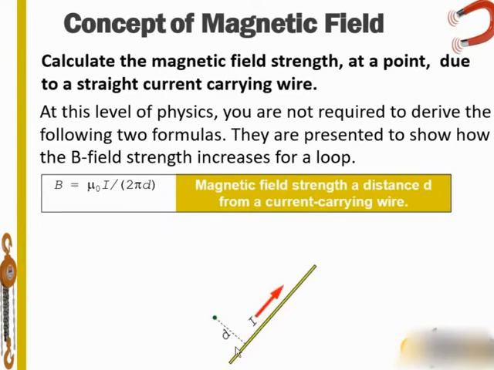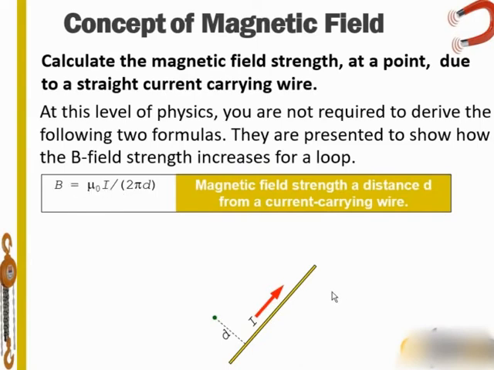So if you have a straight line wire and you want to determine the magnetic field strength at this point here where we have this green dot, and we know that that green dot is a distance d from the current carrying wire, and we know that the current is moving in this direction as illustrated by the red arrow, then we can use this equation. This equation will help us to calculate the magnetic field strength at that green spot.